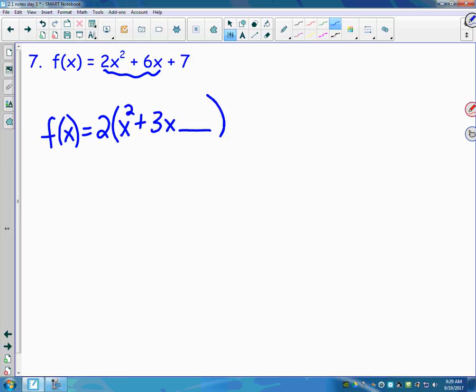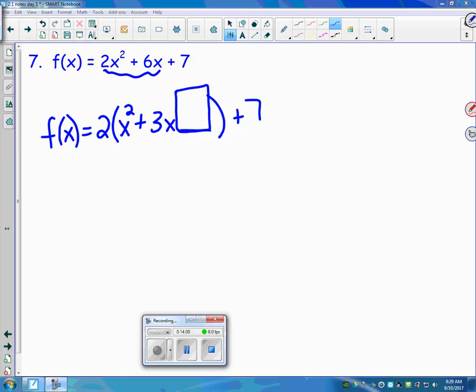Leave my spot, and then still kick my negative 7 out there. Because remember, you can't complete the square unless you have nothing in front of the x squared. So we can't divide by 2 because we can't divide f of x by 2. But what I can do is factor it out. And so then go ahead and see if you can figure out what goes here. And you'll have to do the same thing out here, and we'll start there in class.